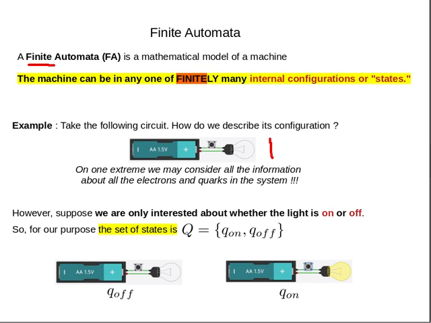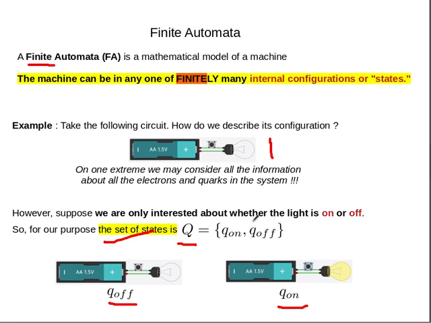So that means you are modeling the state of this system as just off and on, and we give it some formal names. Say the off state is Q off and the on state is Q on. So the set of states is just Q on and Q off. So this is Q, and this is finite.